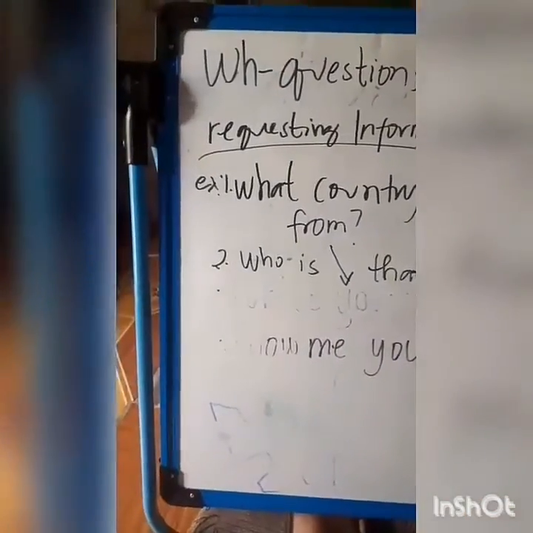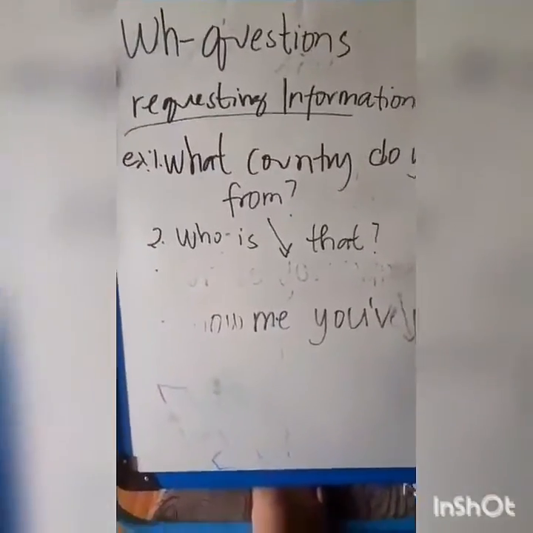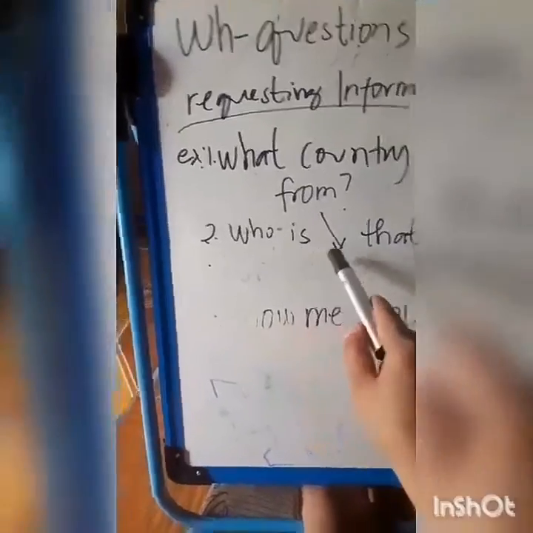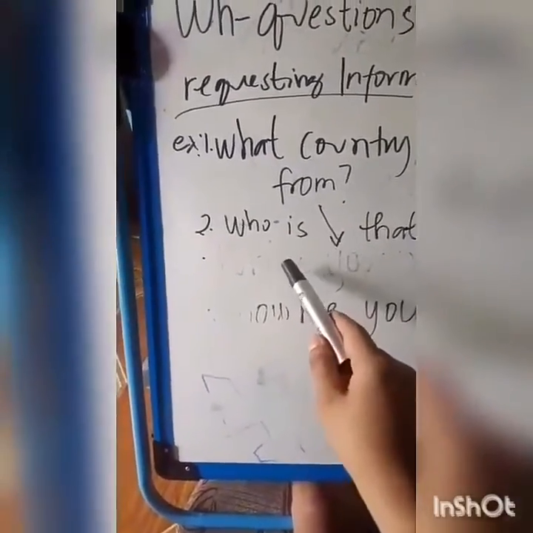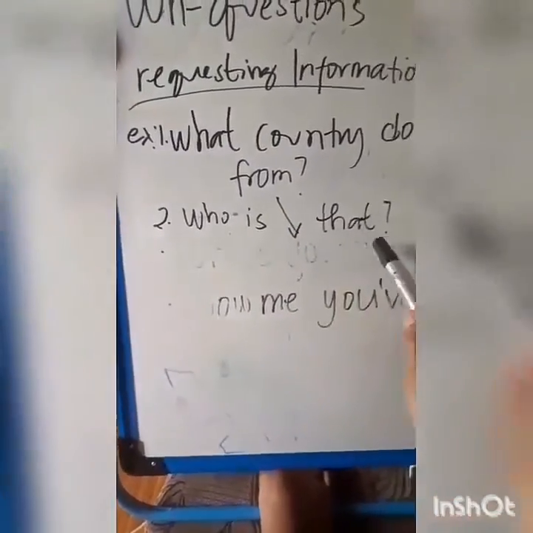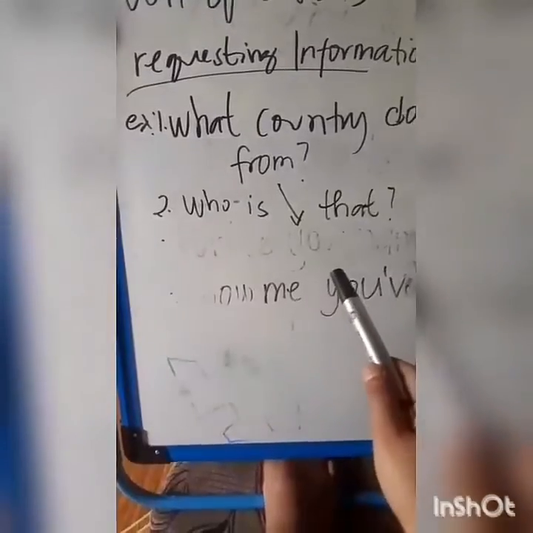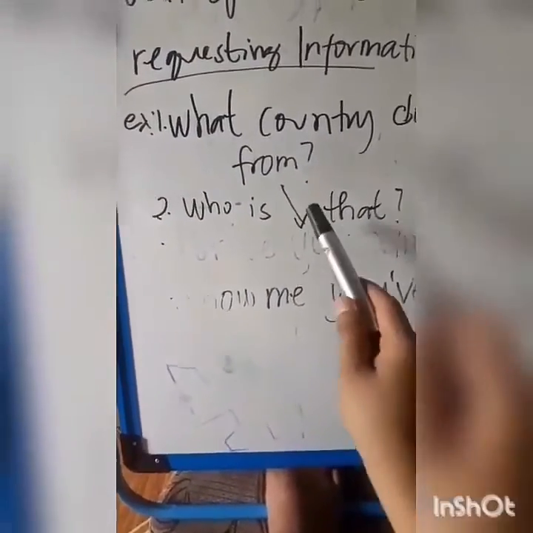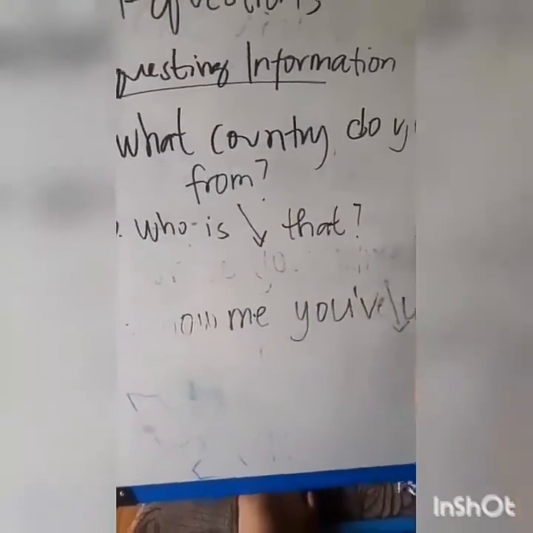You're asking someone which country they belong to. Then number two, who is that? If there is a person who is not familiar to you, you ask your partner or friends, who is that person? It ends with a question mark.